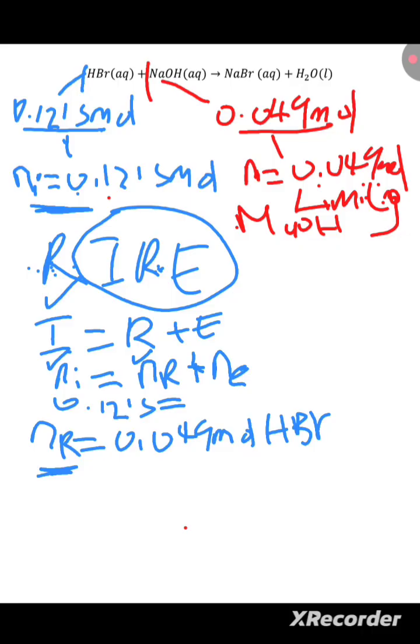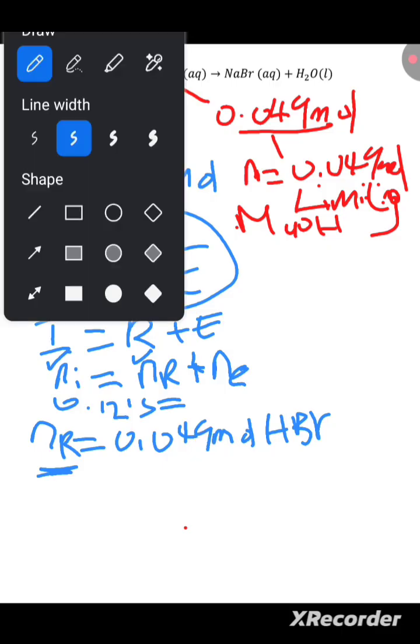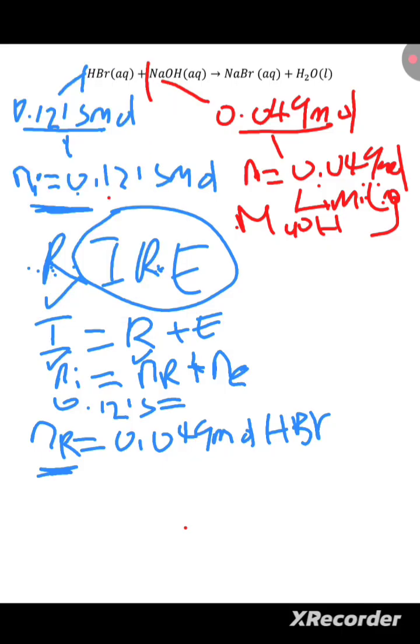These are the reacted number of moles for the excess, 0.049, plus the number of moles that are in excess.